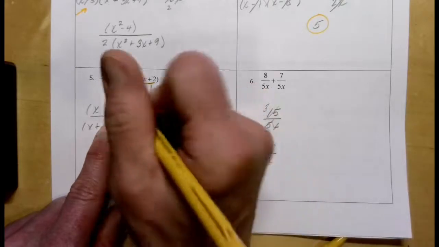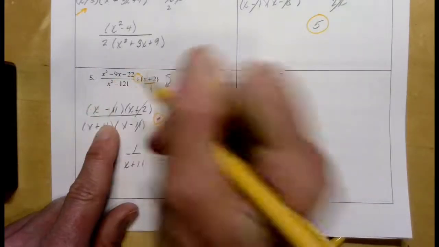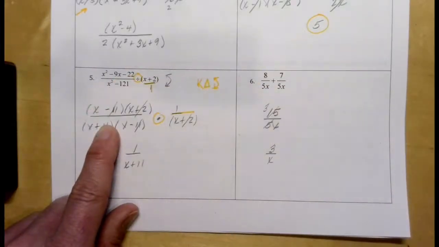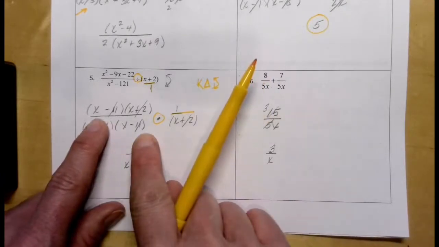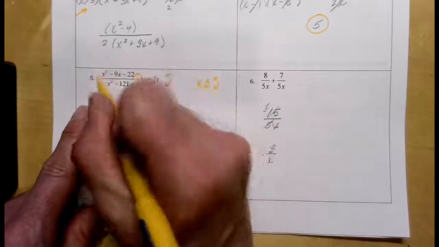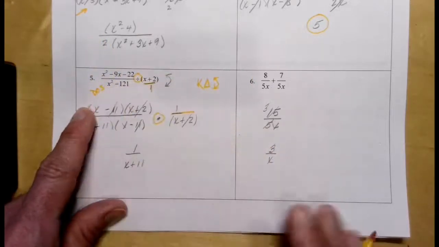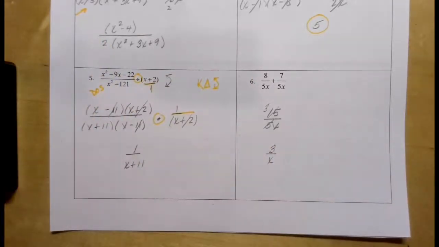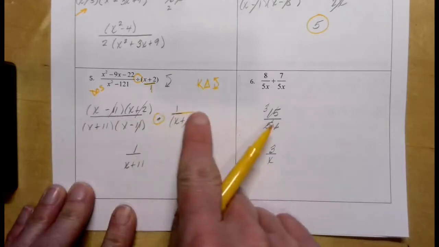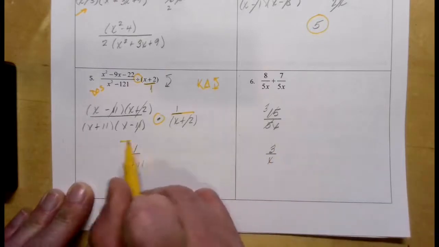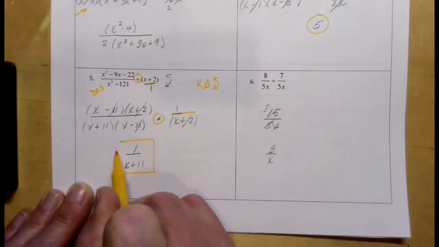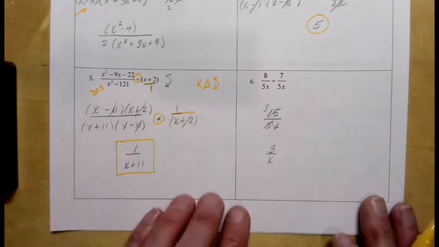I don't know if you can see that, but that factors into (x − 11)(x + 2). Here's my x − 11's that cancel out because here's the difference of two perfect squares. And I just multiply across. Multiplying fractions is no problem. Top times top, bottom times bottom. And that's how I got 1 over x + 11.